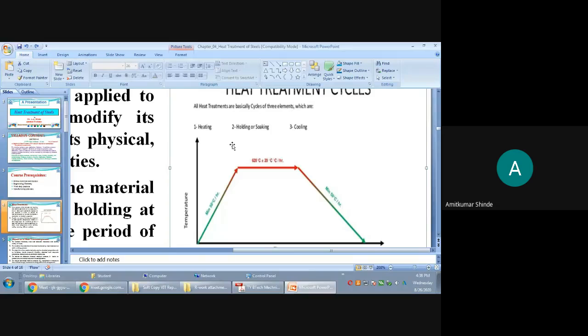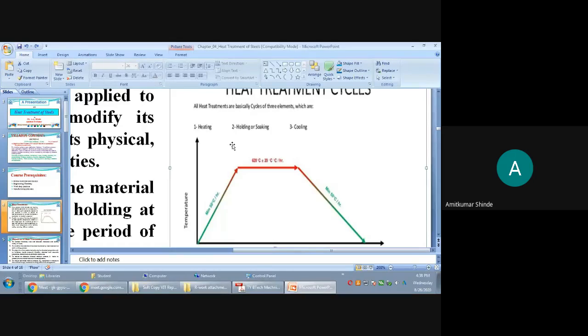Then why is it required to perform uniform heating? That is the question that will arise here. Uniform heating is necessary to avoid cracking and distortion in the components.